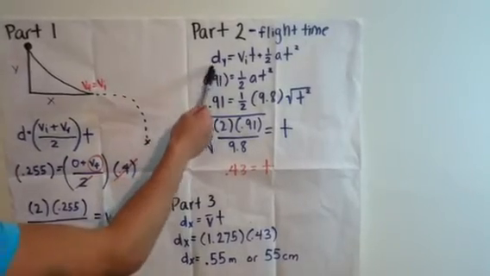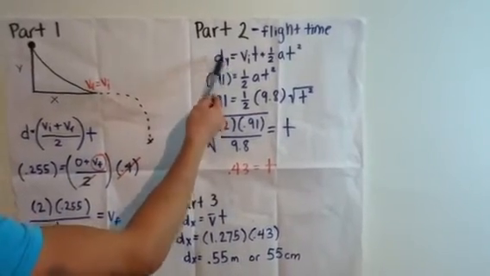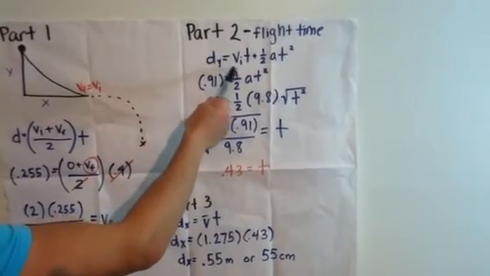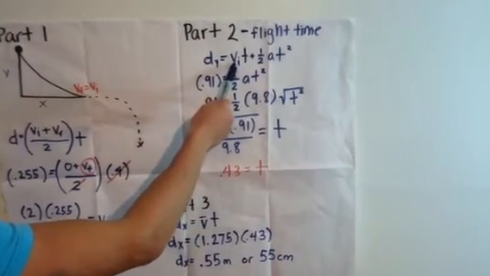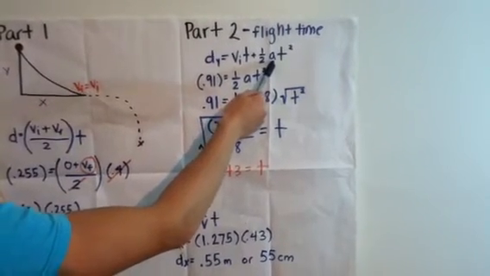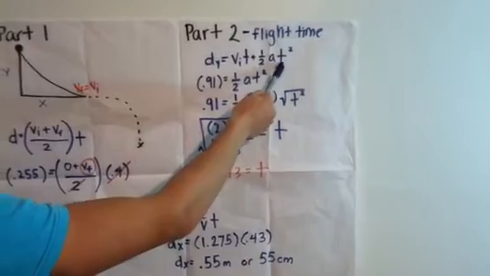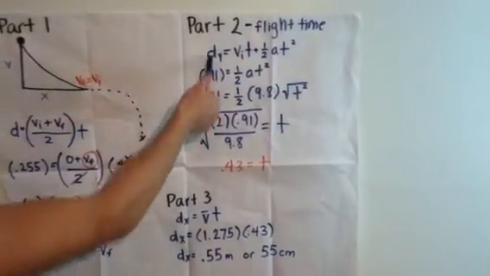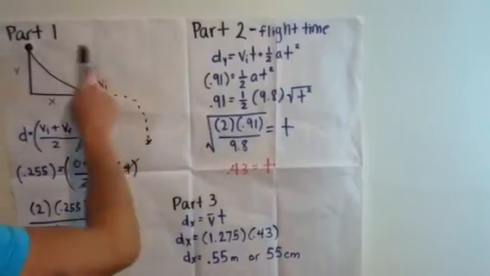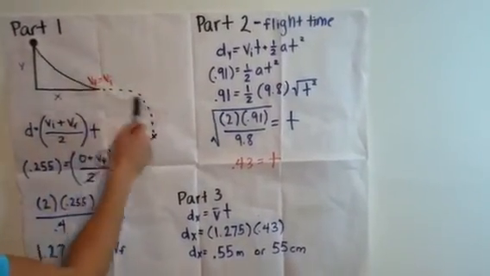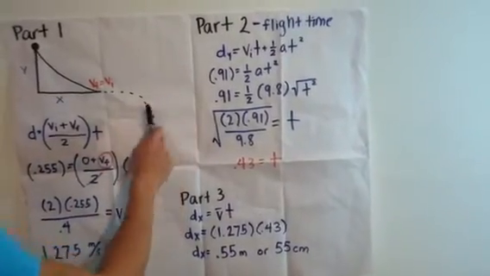You have to use this equation, dy, which is the vertical direction. dy equals initial velocity times time plus half of acceleration times time squared. In this case, we only care about the vertical direction since it's falling, so we don't care about the horizontal.